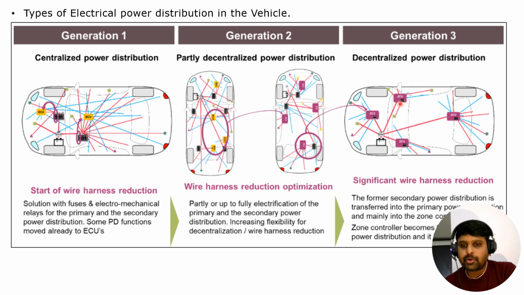Those controllers will be located in every corner of the vehicle. They will control the particular electrical loads of that side of the vehicle, and all together will communicate using the CAN network to operate the vehicle safely.